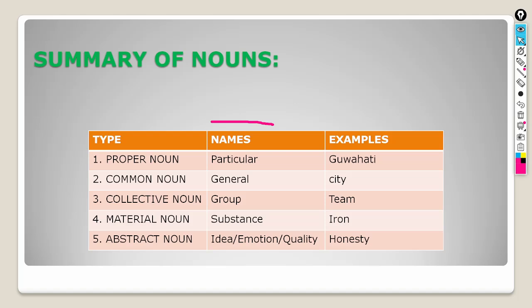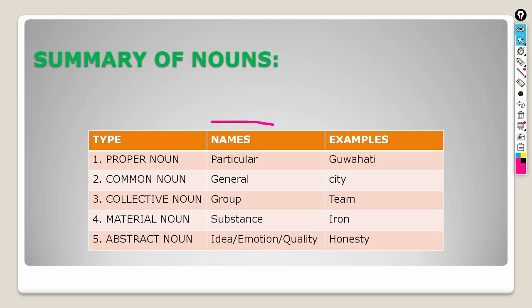So again, let us go to the gist of the noun and their indication in one word and example. Okay, proper noun, particular. Example, Guwahati. Common noun, general, city.